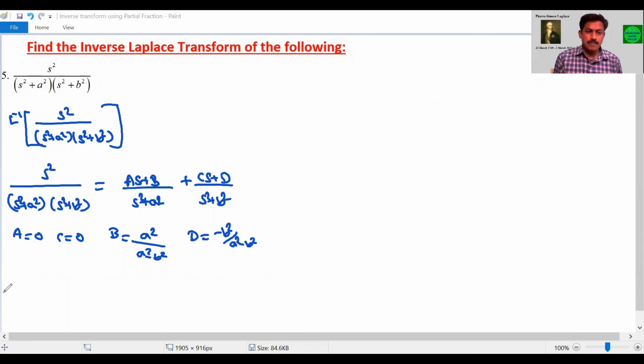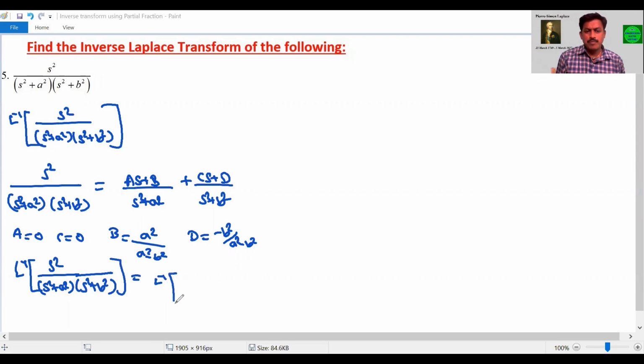If you substitute these values, L inverse of (a s plus b) divided by (s square plus a square)(s square plus b square). The a value is 0, so I can substitute the b value. The b value is a square divided by a square minus b square, whole thing divided by s square plus a square.